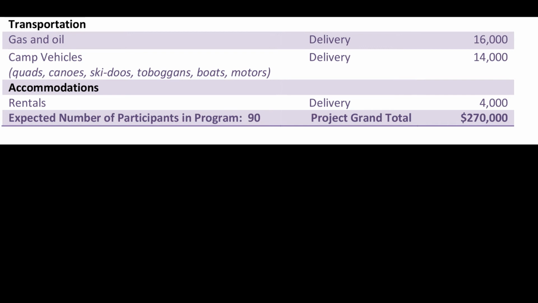So that gives you an idea of the scope of what's available to fill out your budget. So you can really start talking in your communities about what would work for you. So in the example that is given, this was for a program total of 90 participants, and so it's a $270,000 budget.